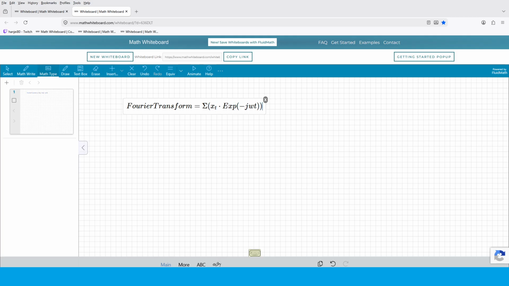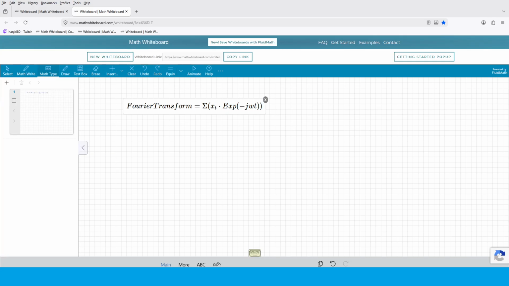So this is a Fourier transform, okay? And again, it's the same form. It's a sum of two products being multiplied together. Xt, x vector, times exponential whatever jwt.